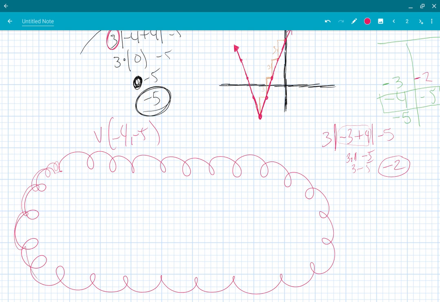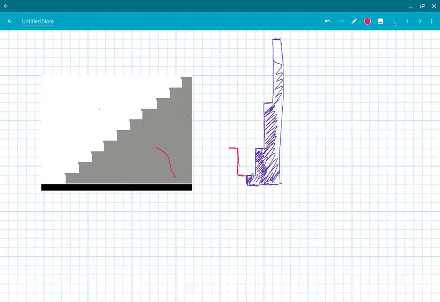Can you repeat it one more time? Yes. So inside of this little bubble, maybe write it down. Well, if I write it down, people are going to know, right? So I'll be real slow. Absolute value functions, the steps are the same size. Each step is the same size. So absolute value, the steps are the same height.